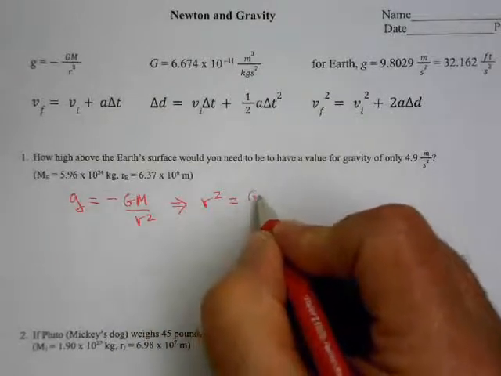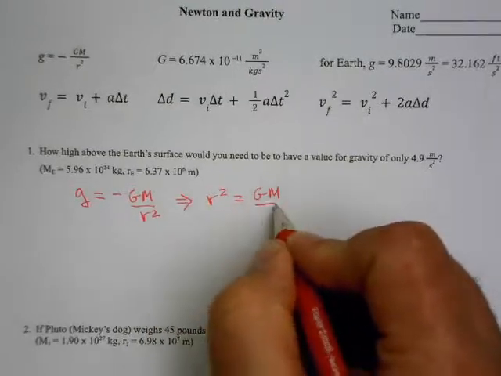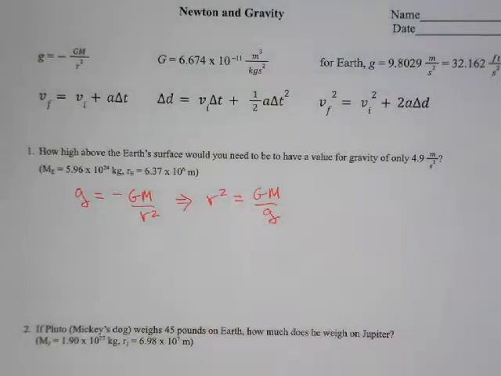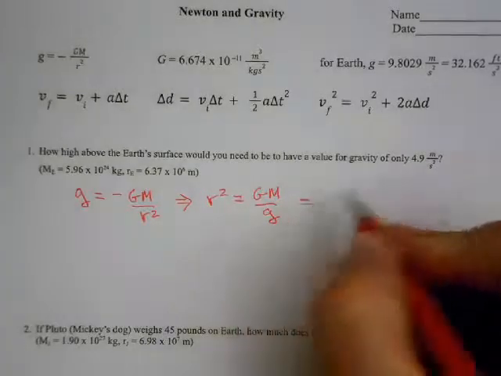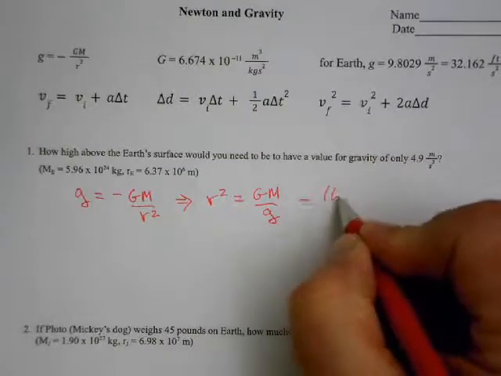And for these purposes, we're not going to worry about the negative sign because, again, that's just directional, that it's pointed down, because we're going to take our square root and we're not going to do the square root of a negative number. So, plugging them in.